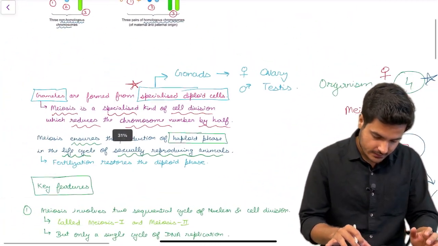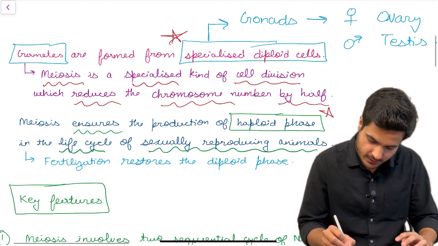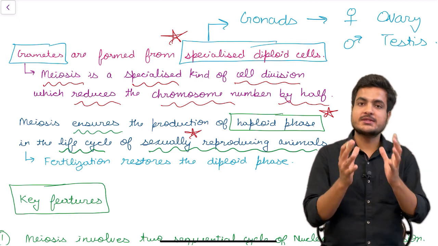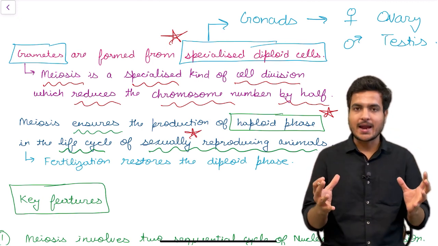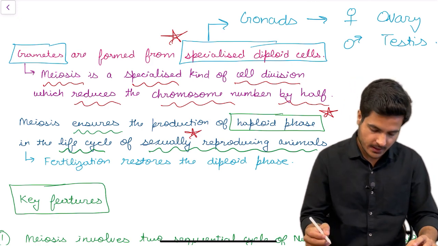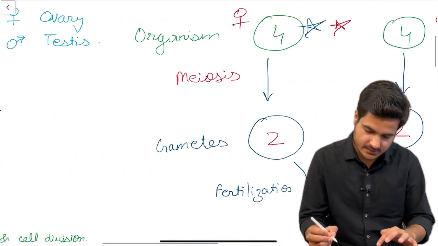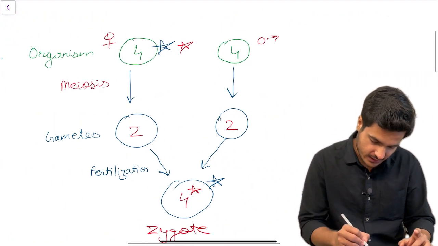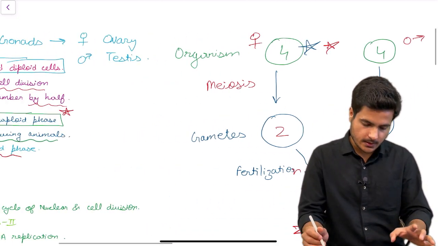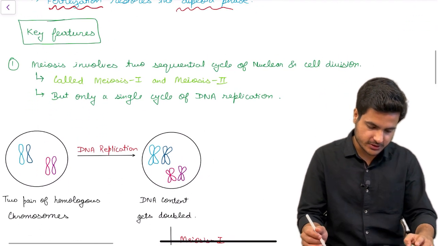So, to ensure a haploid phase, that is one copy of a chromosome, is very important in a sexually reproducing organism, because only the gametes are fused from both maternal and paternal side, and fertilization will ultimately result in the diploid phase, as described here, that after fertilization the diploid stage was attained, similar to that of parents. Now let us find the key features of meiosis.